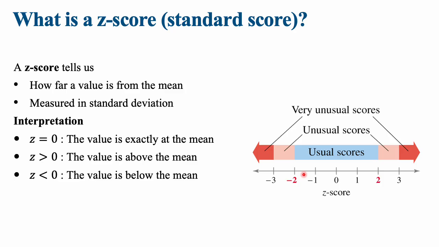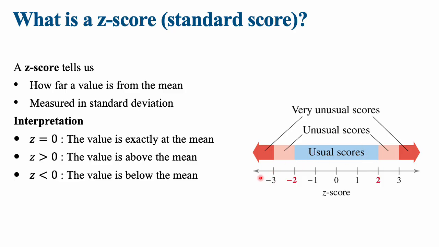Here is a visualization. That's the number line with the Z-score. Here is Z equals 0. That's the mean. Z positive on this side, we say the value is above the mean. Z negative, the value is below the mean. Also, if Z is between negative 2 and 2, that's a usual score.